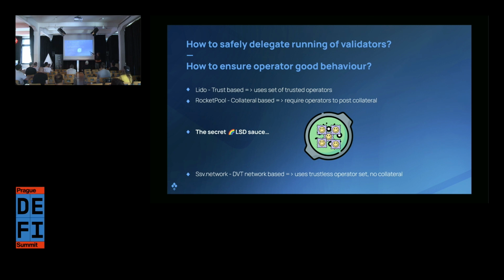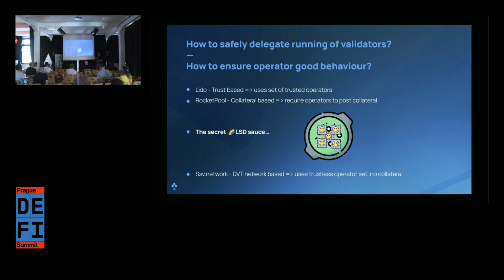The current major solution is what Lido is doing. They're using a small set of operators, but they have a good relationship and they trust them with the ETH. They delegate to them. Rocket Pool requires collateral. And the secret LSD sauce we are using is a DVT-based network, which uses a trustless operator set, but basically every validator is run in a special cluster, so it's very hard for the participants to collude in any way.